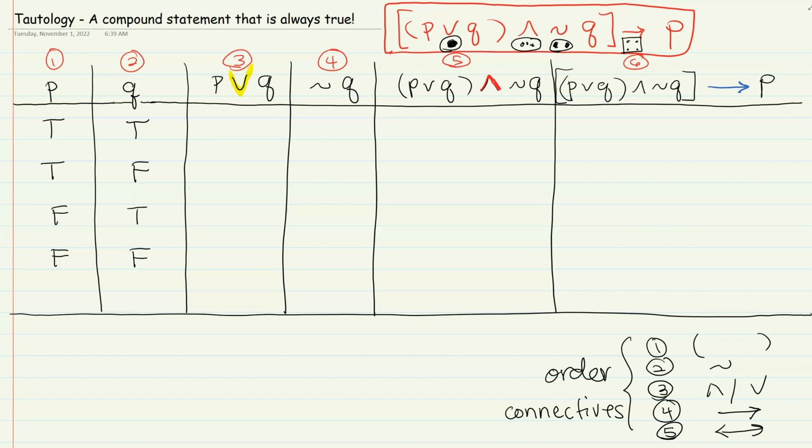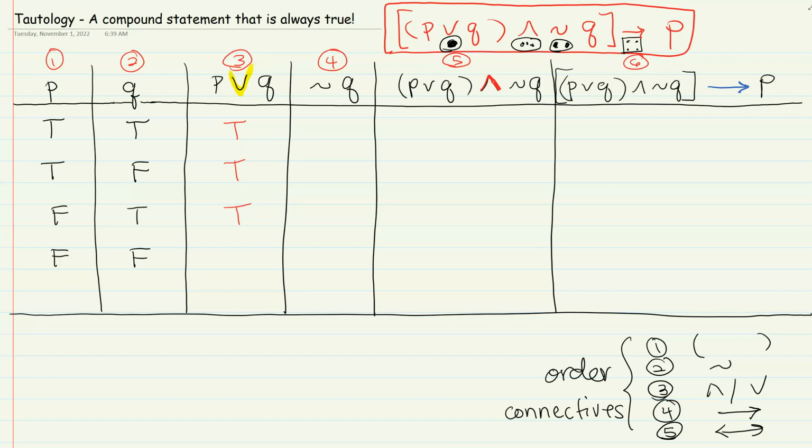Or means as long as I have one true value, then the result would be true. Or means this, that, or both would work. So true and true, that would be the both case, so that would be true. True and false, as long as I have one, it's true. False or true would be true.